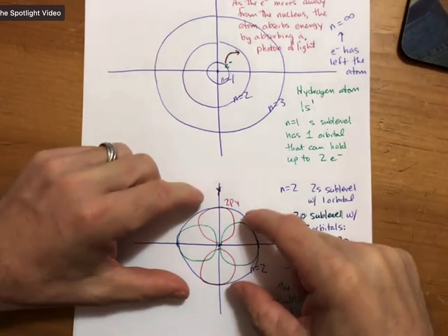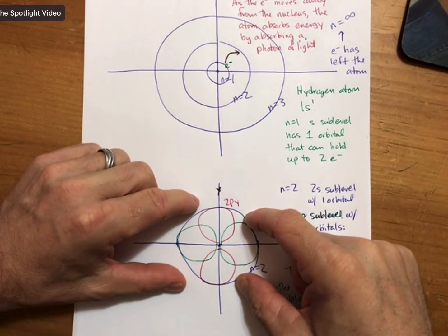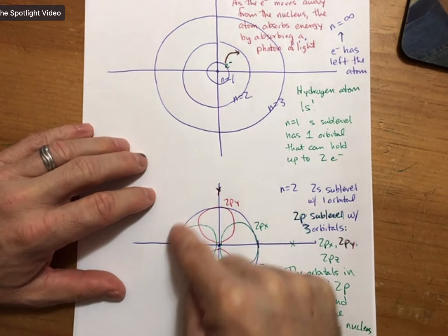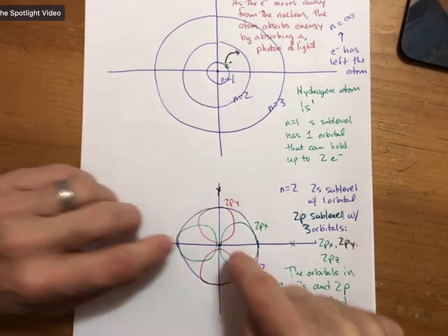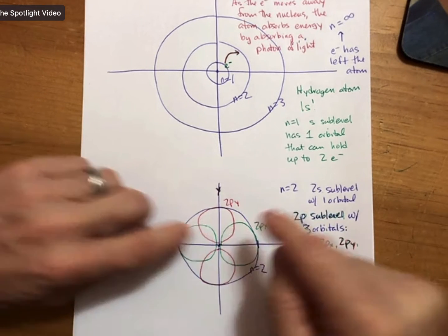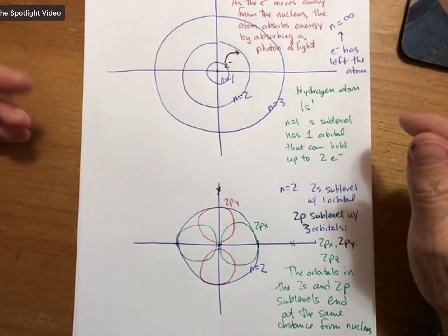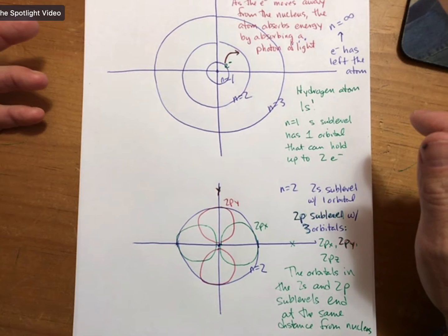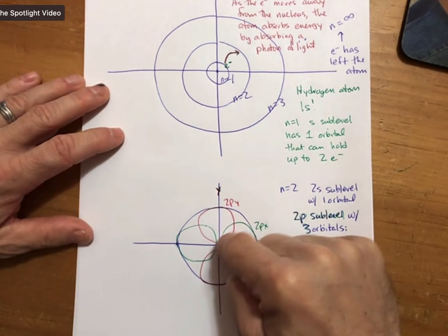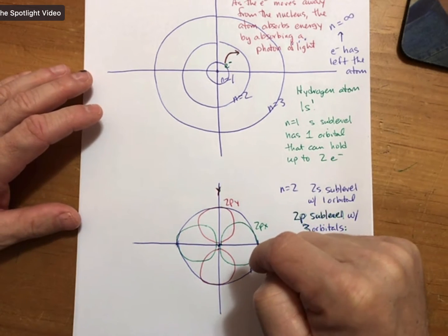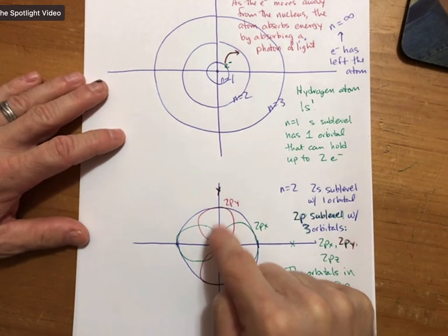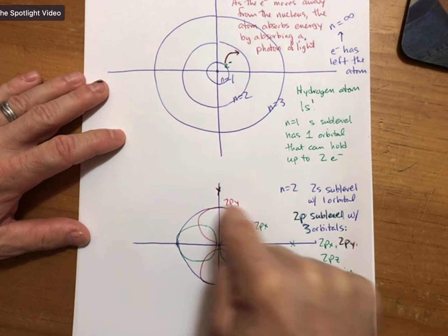But n equals 2 is bigger, and in n equals 2, you can do 2s, which is a sphere, and you can do 2p, and the p sublevel and the orbitals in the p sublevel are other higher energy ways of putting electrons in the same space.